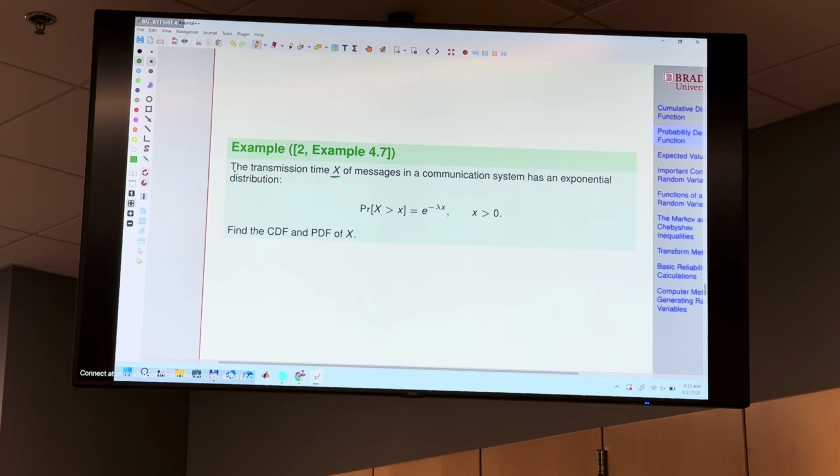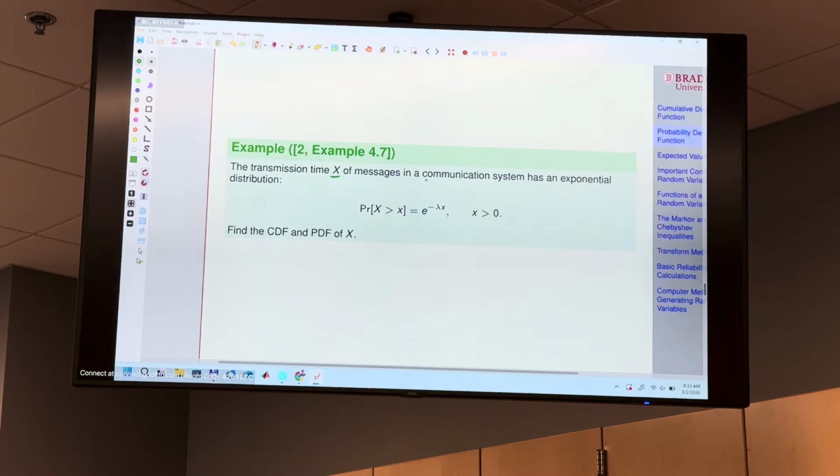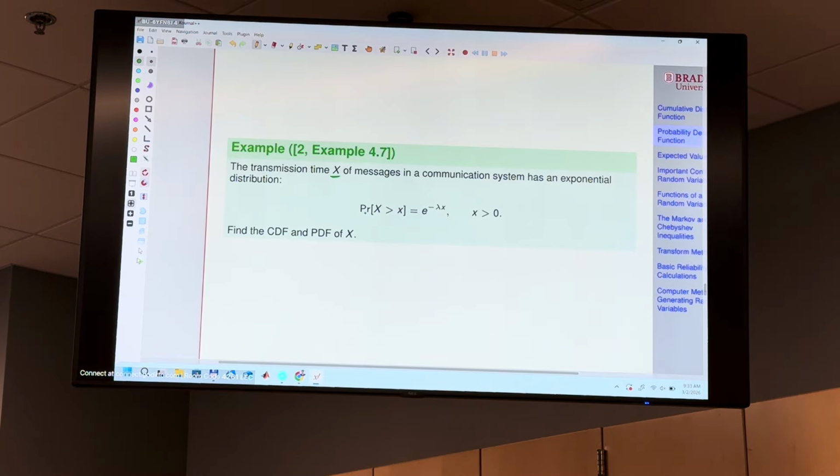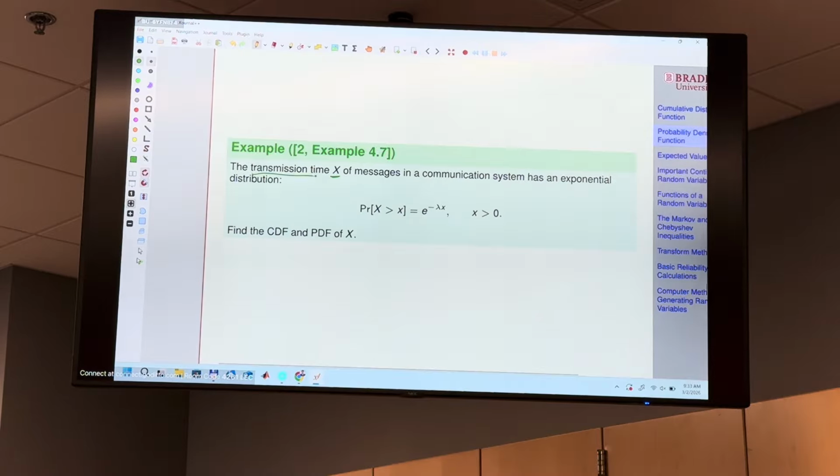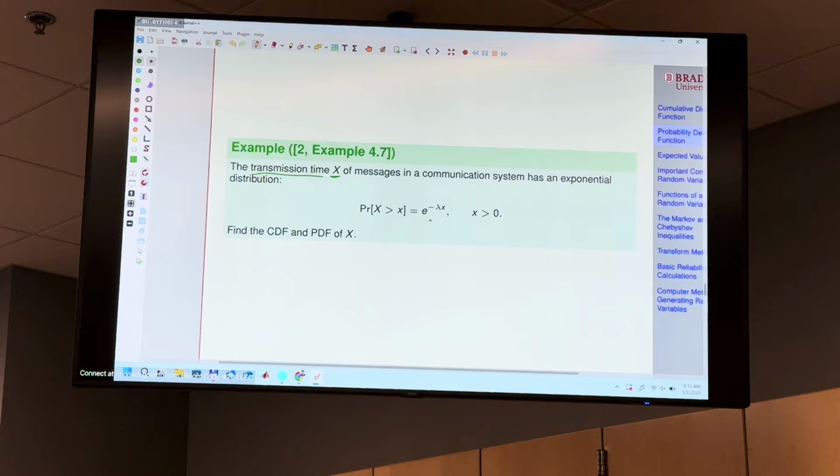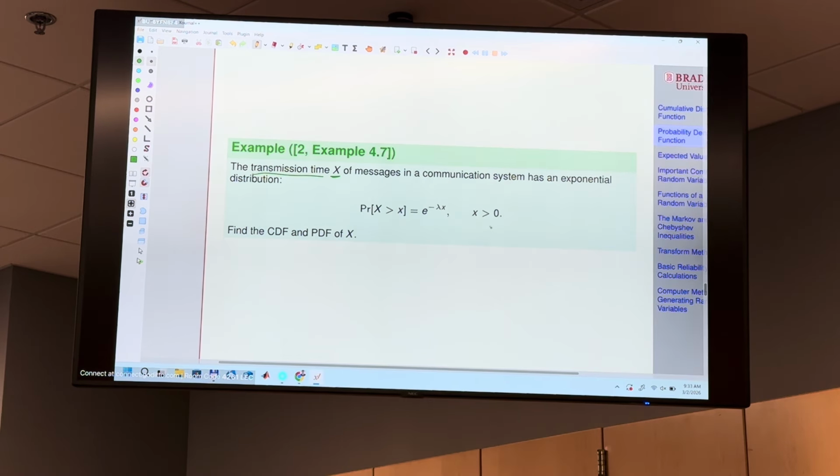The transmission time x of the messages in a communication system has an exponential distribution, which means the probability of the event X greater than x is e to the negative lambda x, where x is strictly greater than 0.